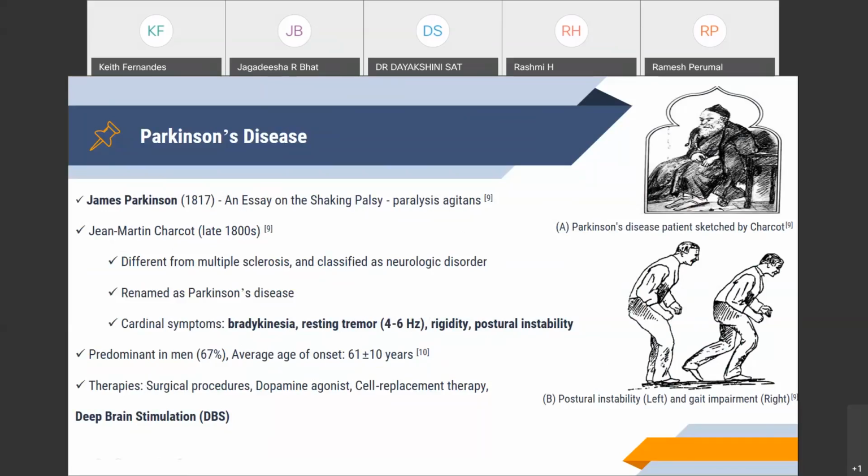For example, in older days, they removed a tiny portion of the infected brain region by surgical procedures, and also dopamine agonist therapy. There are several treatment options available, but among those, deep brain stimulation is found to be the most effective for several reasons. I will explain in the next slides.